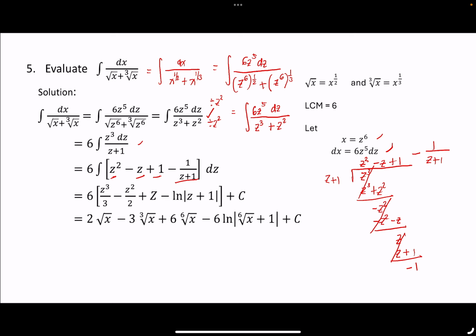So we can now integrate this, taking note that the factored out constant will not change the integral. So we can factor it out. So we have z cubed over 3, z squared over 2, z, and ln of z plus 1. And do not forget the constant of integration.